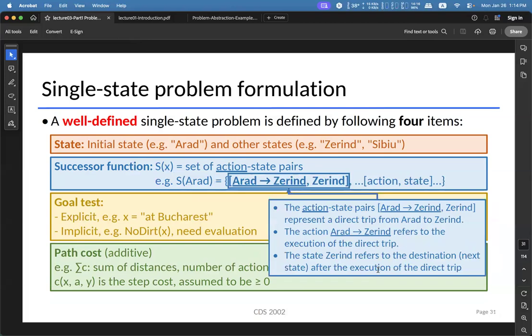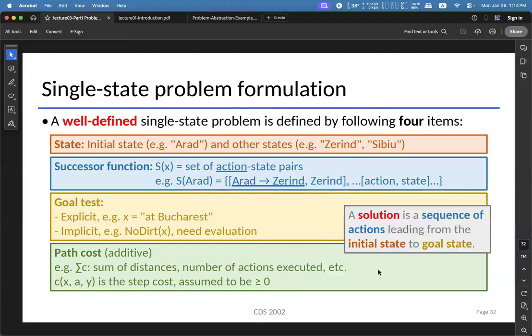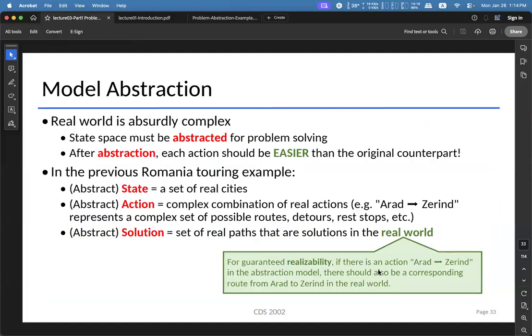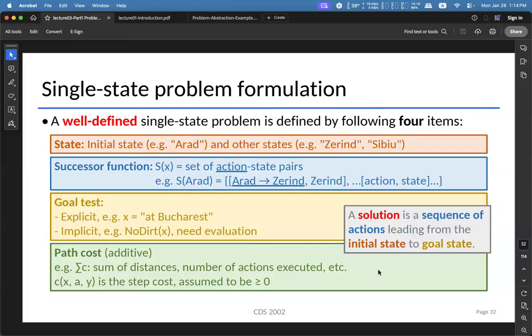I've already talked about this in verbal terms, so I will not go through this. You can read at home. It essentially means the same. And the next thing is goal state. Goal test is the function that you can use to test whether the state is a goal state.